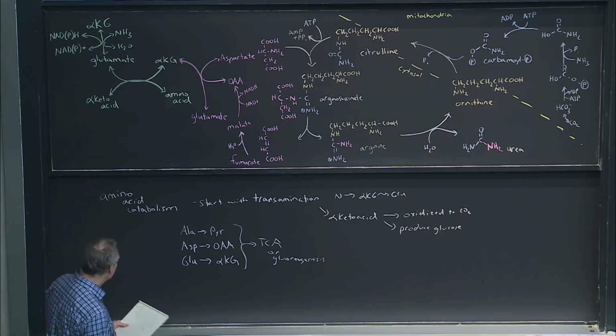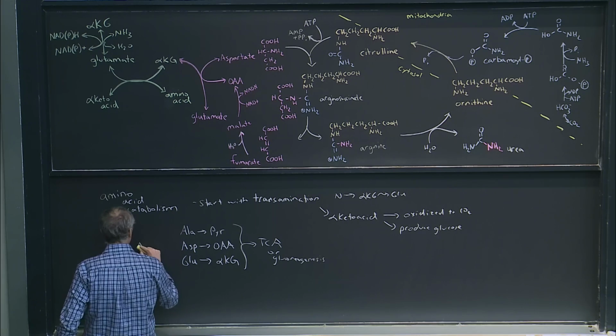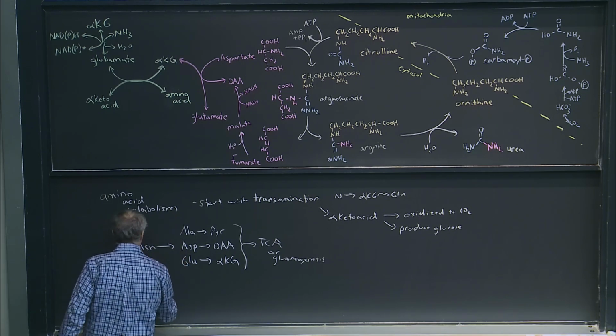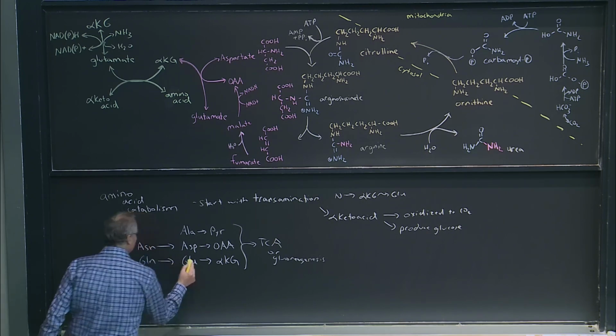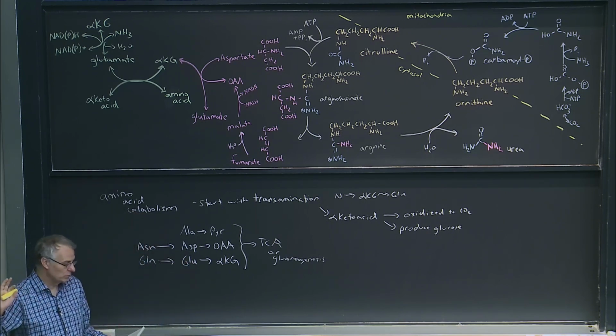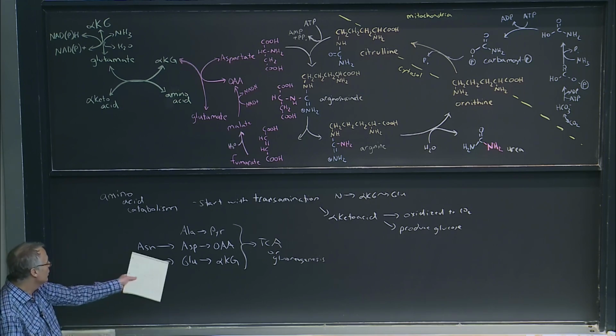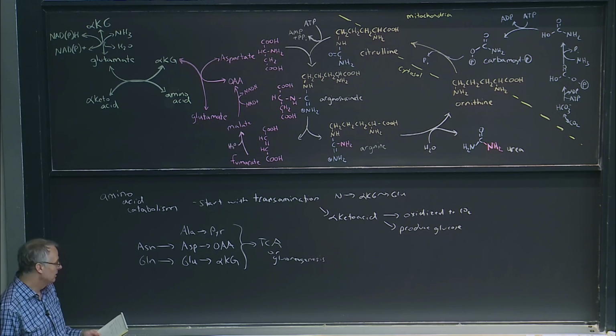Now, of course, there are other amino acids out there that we've already talked about. So remember asparagine, very similar to aspartate, and glutamine, similar to glutamate. So those have the ammonia group on the side chain. We can simply remove those. It should be clear how to then get those into the TCA cycle or gluconeogenesis.